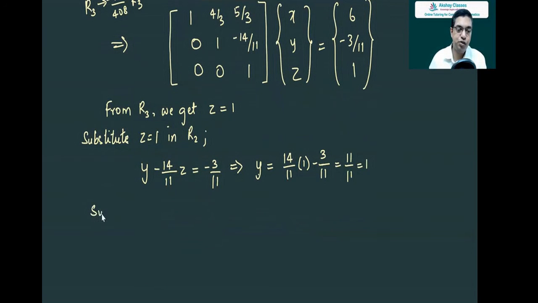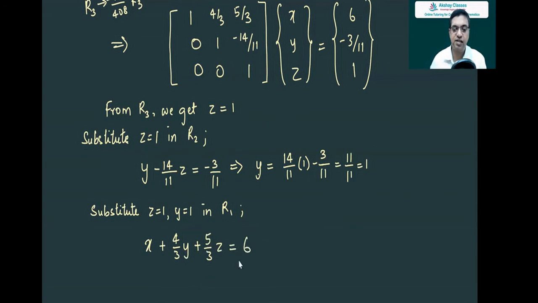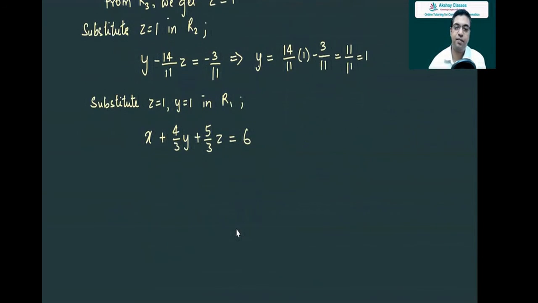Now substitute Z equal to 1 and Y equal to 1 in row 1. So X plus 4 by 3 Y plus 5 by 3 Z is equal to 6. So X is 6 minus 4 by 3 times 1 minus 5 by 3 times 1.